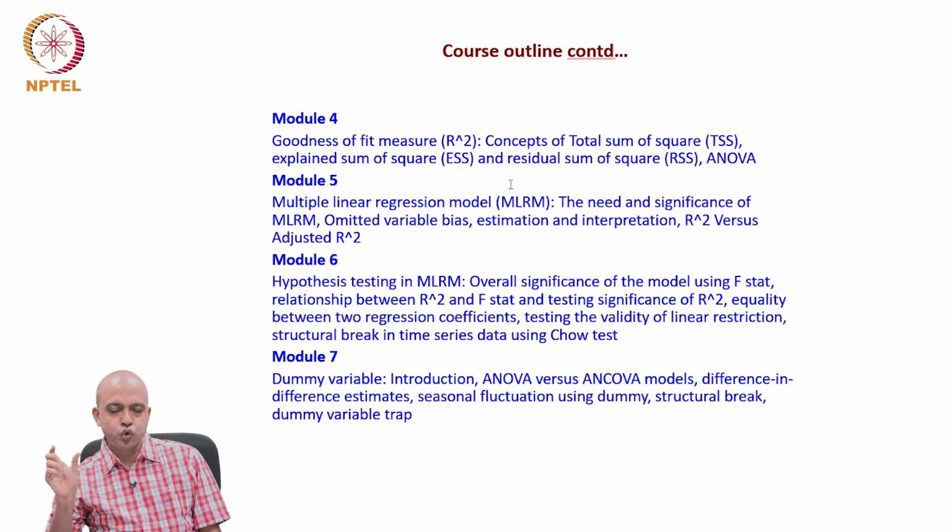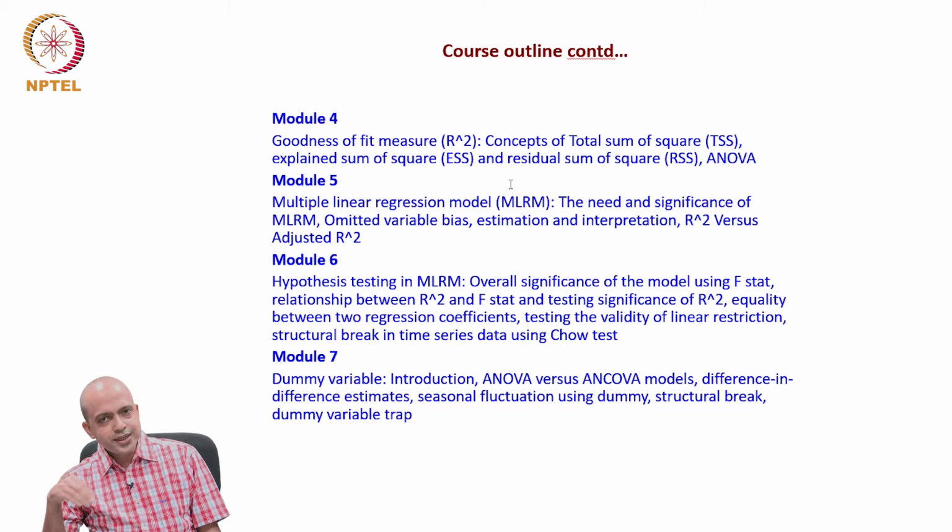Then we extend this into a multiple linear regression model, and first of all we learn what is the need and significance of a multiple linear regression model. Generally we think if we have data on multiple variables, then we can easily run a multiple linear regression model.